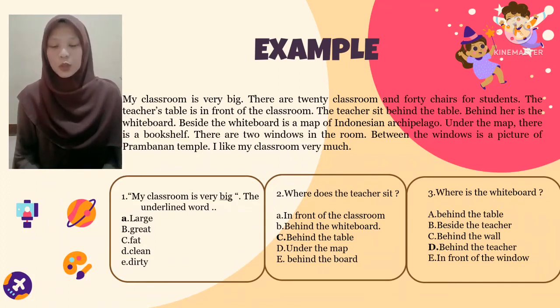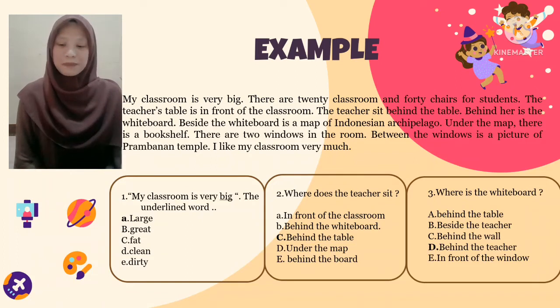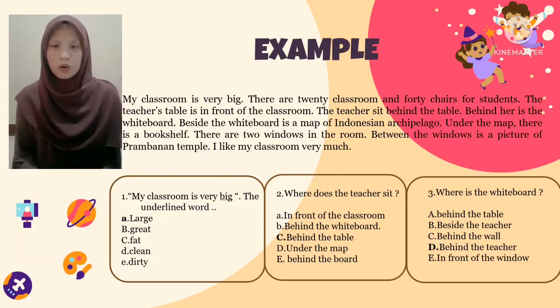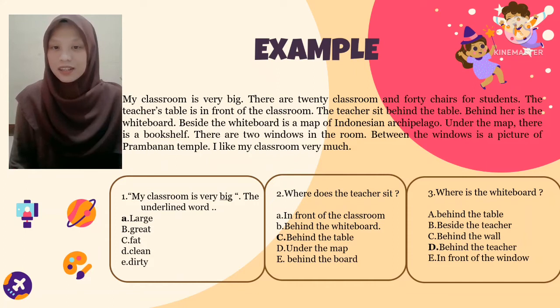And the next question. Where is the whiteboard? The choices are: A, behind the table. B, beside the teacher. C, behind the wall. D, behind the teacher. E, in front of the windows. You know the answer is?